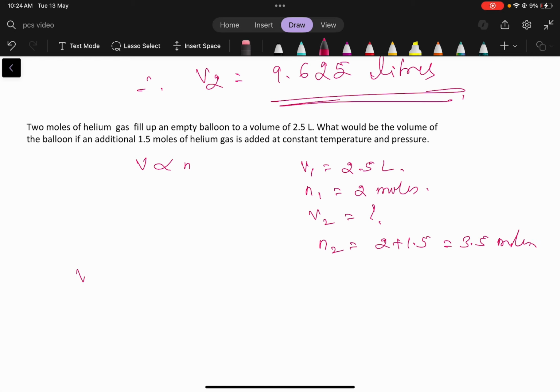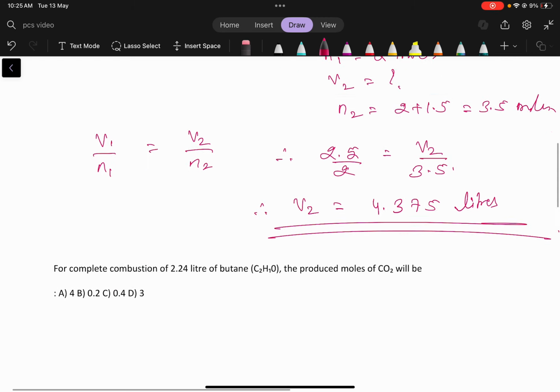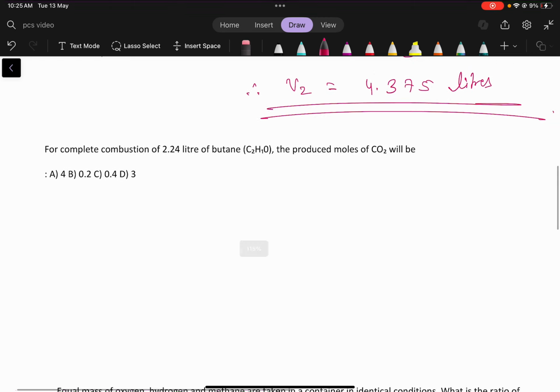So V1 by N1 is equal to V2 by N2. We have 2.5 upon 2 is equal to V2 upon 3.5. Therefore, solving this, we get V2 is equal to 4.375 liters. Simple application of the formula.